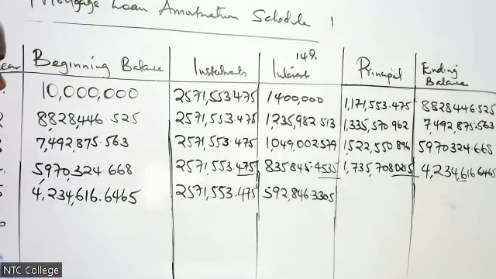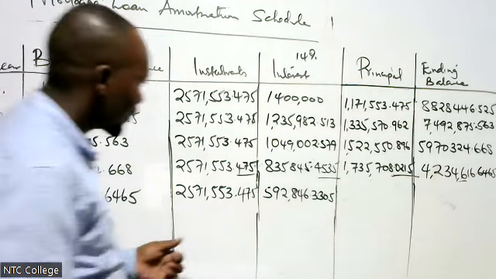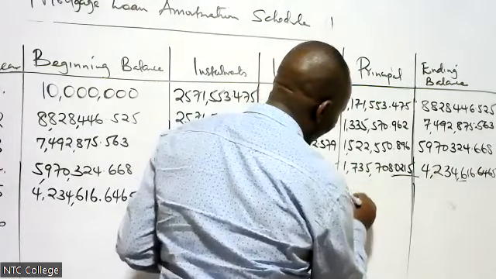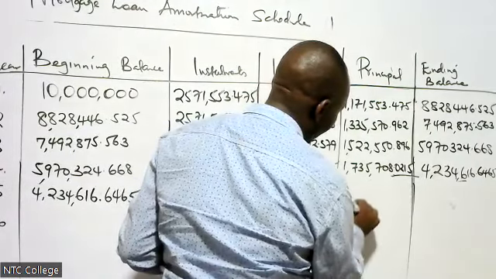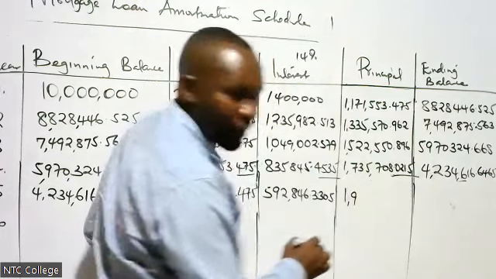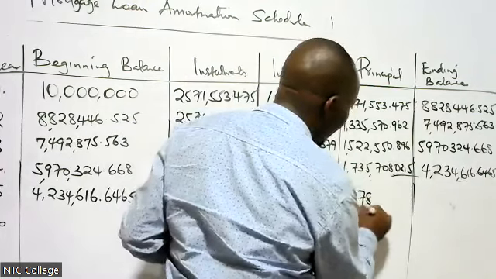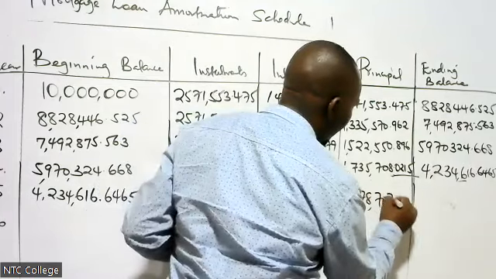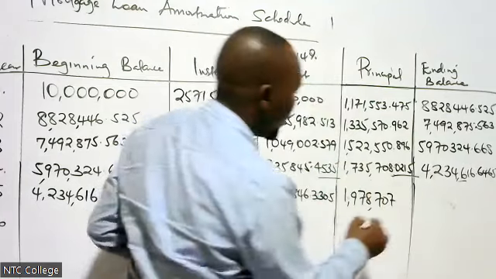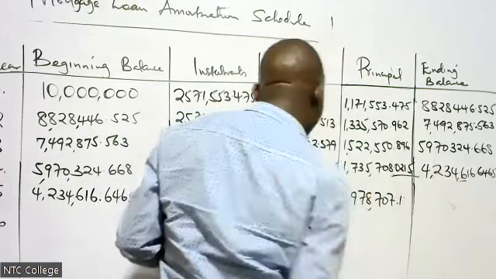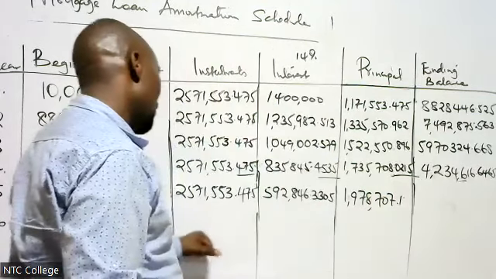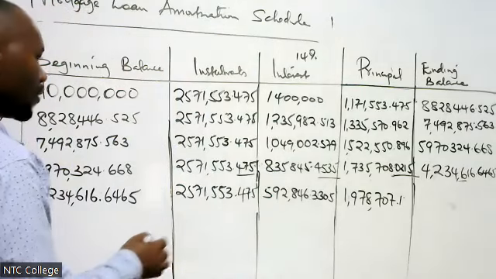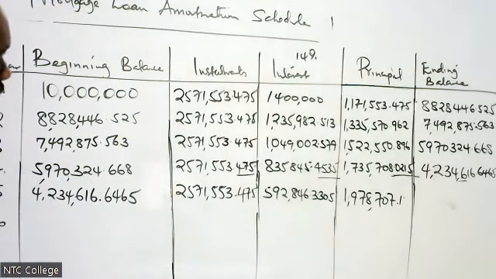So we are having 1.9, 1.978, 7 or 7.14, and it should be 3. So what did you do?